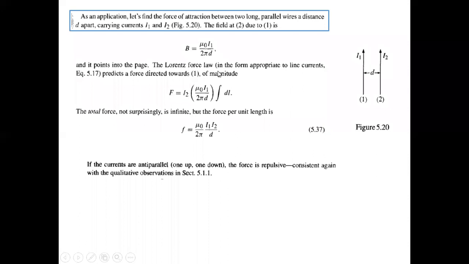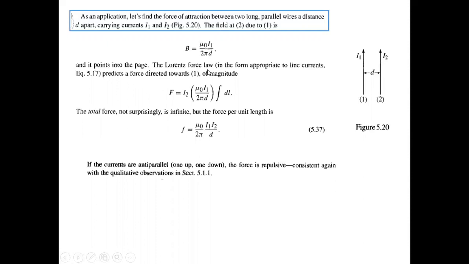Now for another application, let us find the force of attraction between two long parallel wires, a distance d apart, carrying currents I1 and I2. Now we are dealing with two wires, 1 and 2. Both have different currents, and they are a distance d apart. So the field because of 1 at 2 is μ0 I1 / 2πd, which we calculated on the last page.